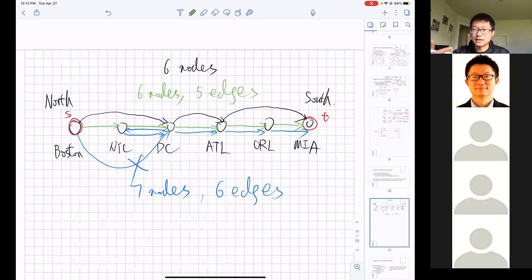So a valid path, or a path without traveling the same place multiple times, if we have 6 nodes, the shortest path will include at most 6 nodes and 5 edges. Am I correct? Yes. So let me be general.